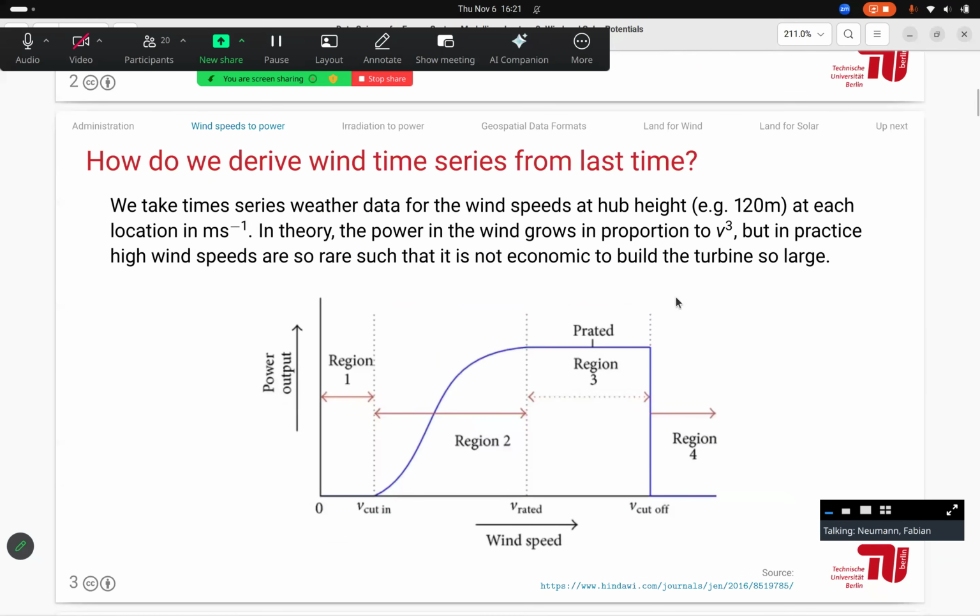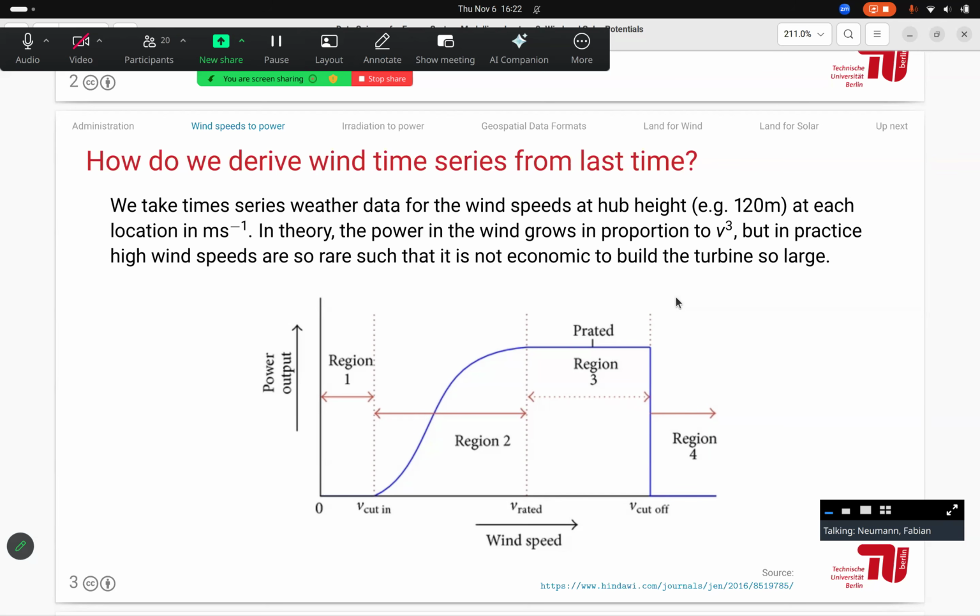And maybe if you think back on these capacity factor time series or wind production time series that we looked at last time, then one thing we didn't talk about at all is where did we get these time series from? We downloaded them from things like Renewables Ninja or this model.energy tool where we optimized a very simple energy system.